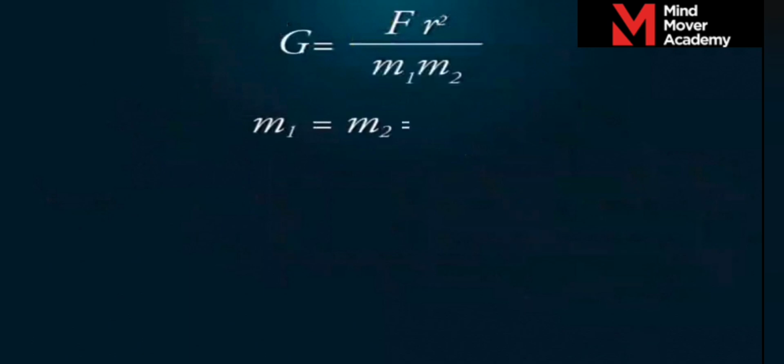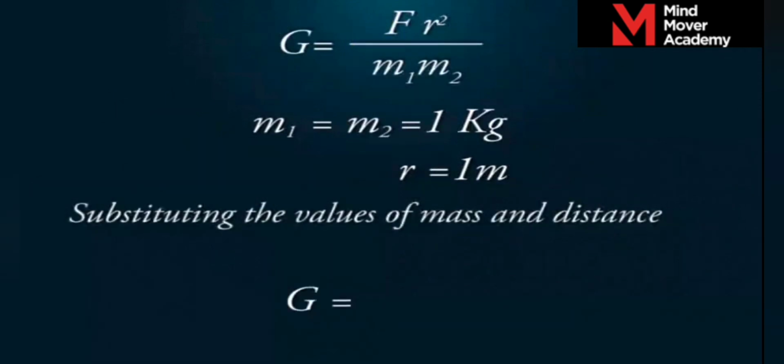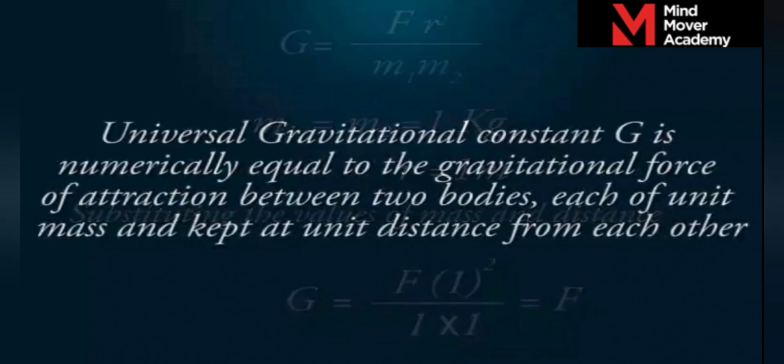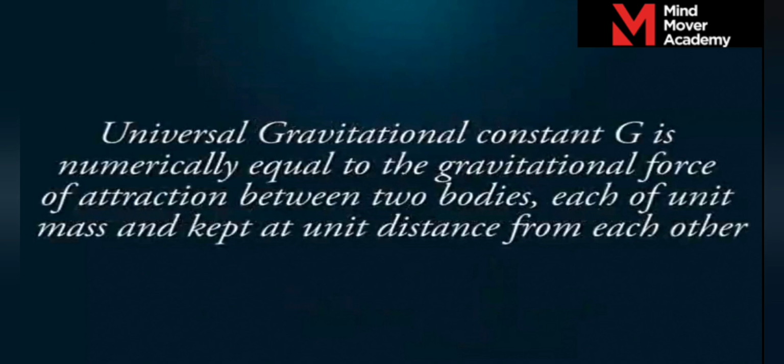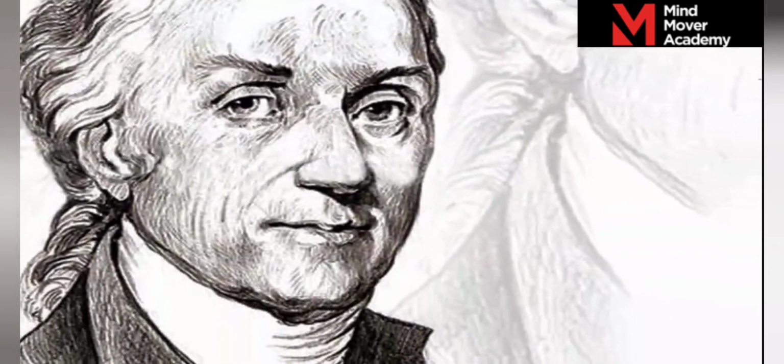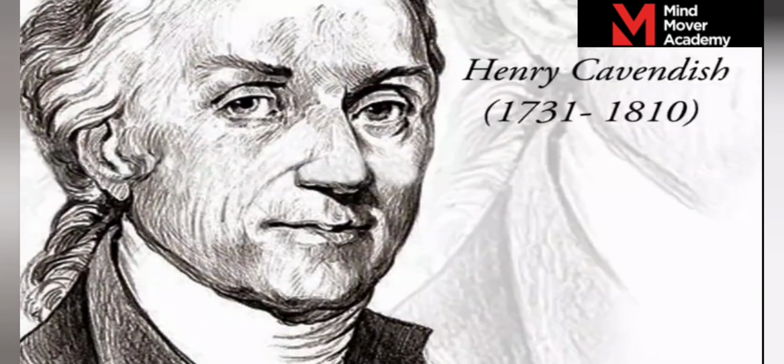If m1 is equal to m2 is equal to 1 kg and r is equal to 1 meter, then G is equal to F into 1 square divided by 1 into 1, which is equal to F. The value of G was found out by Henry Cavendish, 1731 to 1810.